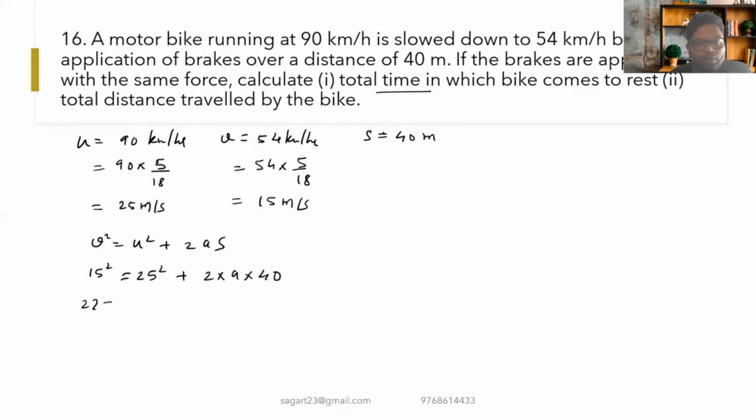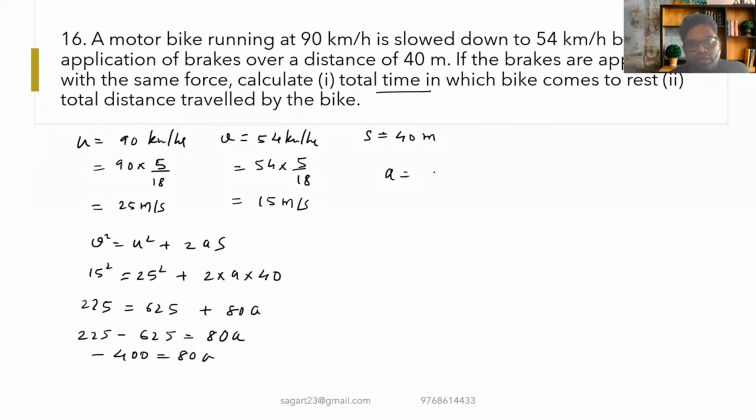So this is 225 and this is 625 plus 80a. 225 minus 625 is minus 400, is 80a. So acceleration is minus 400 upon 80, so acceleration is minus 5 meter per second square.